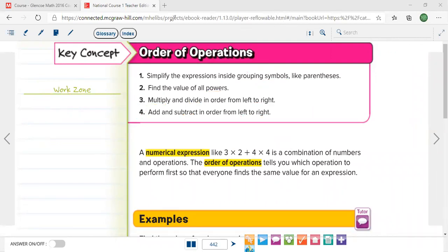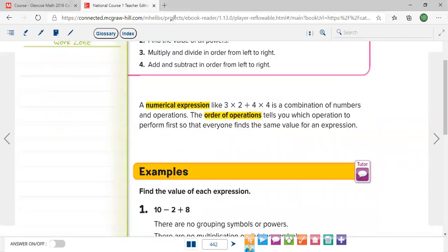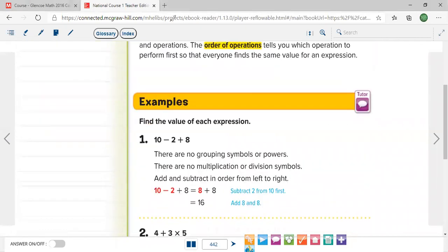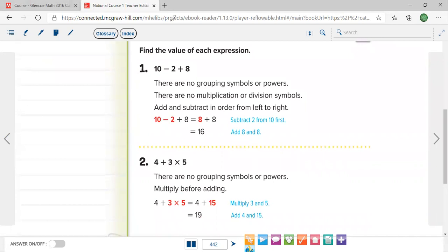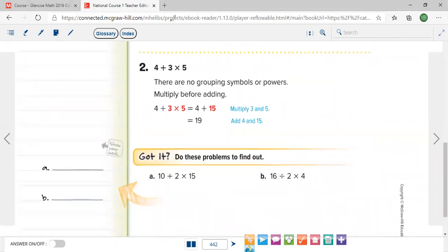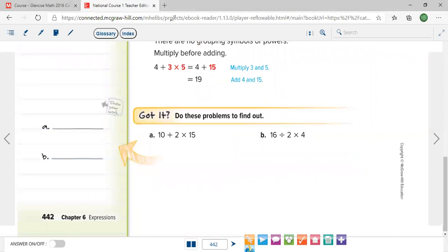Now let's take examples. We need you to evaluate. Evaluate means find the final answer. 10 plus 2 times 15.